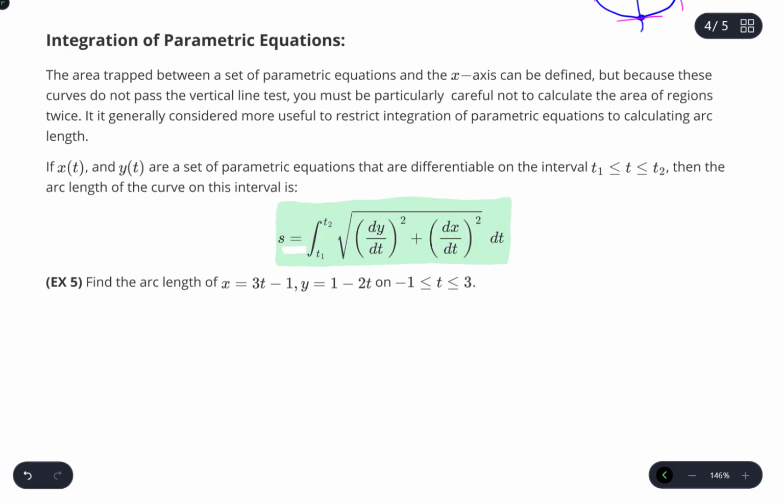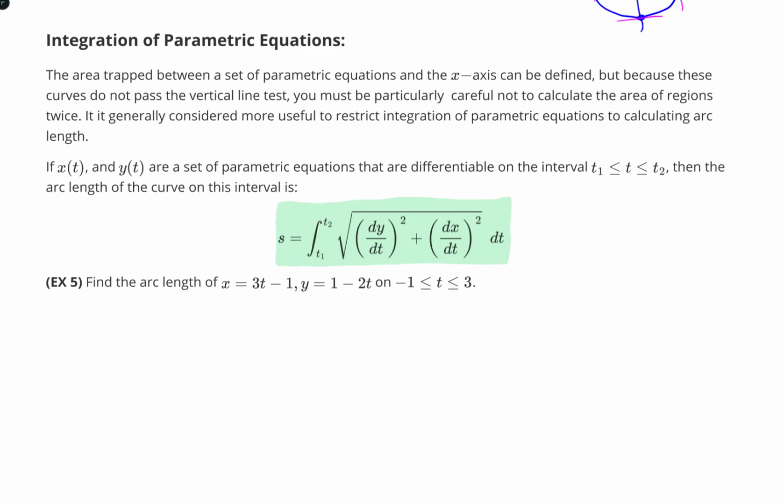That was simply a special case of parametric equations. Essentially, you'll see the same construct here. So the arc length is going to be the integral from the starting value to an ending value of the square root of the derivative of the y component squared plus the derivative of the x component squared dt.